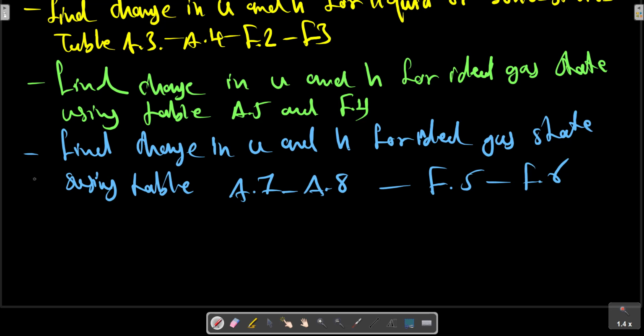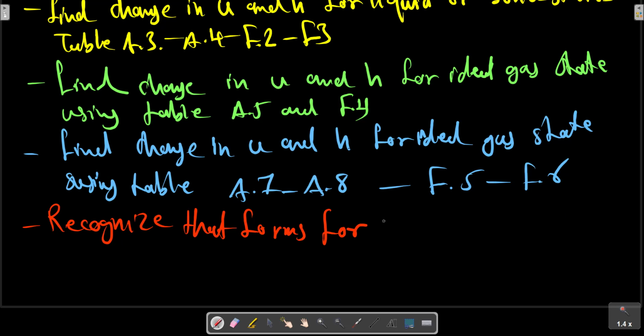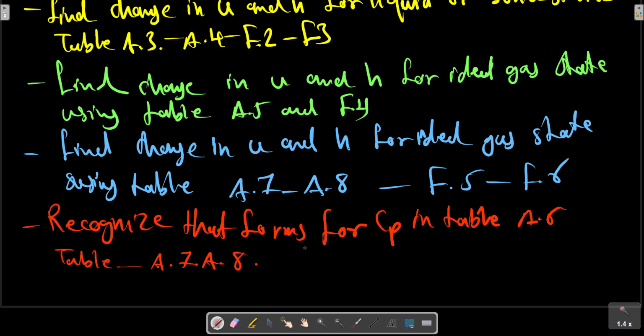Recognize that forms for CP in table A6 are approximation to what is shown in figure 5 and tables A7, A8, F5, F6.